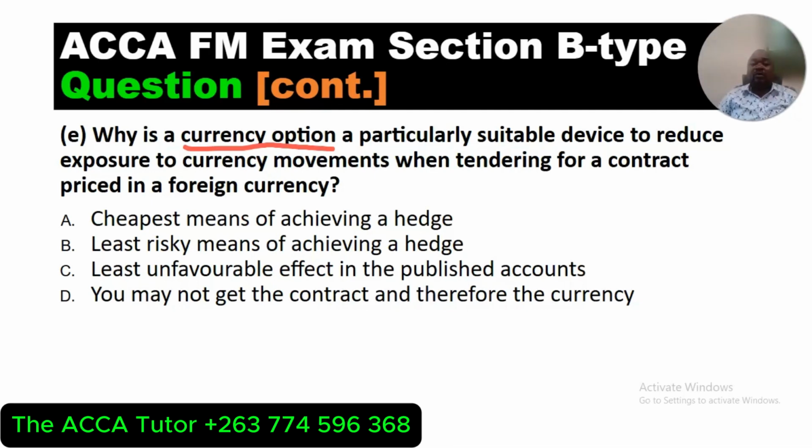C, least unfavorable effect in the published accounts. Well, although we have to worry about published accounts, in wealth maximization this issue of published accounts and so forth doesn't really have to be something to use as a weapon.